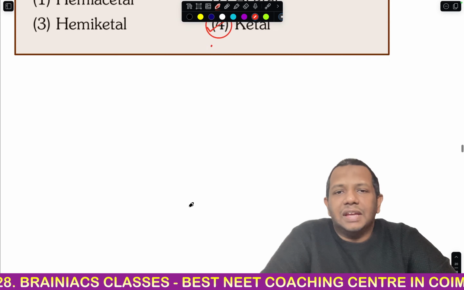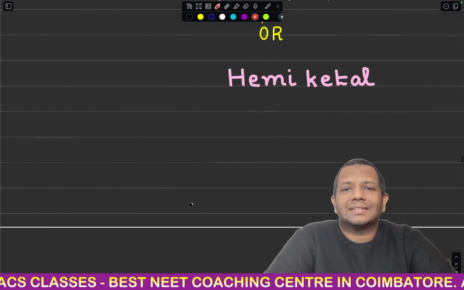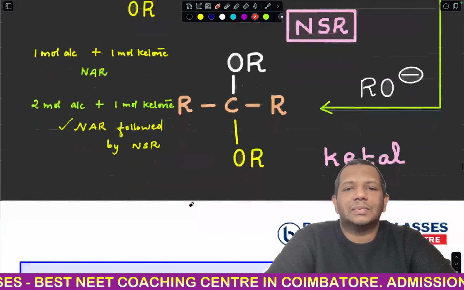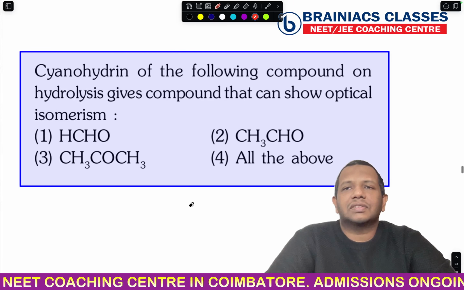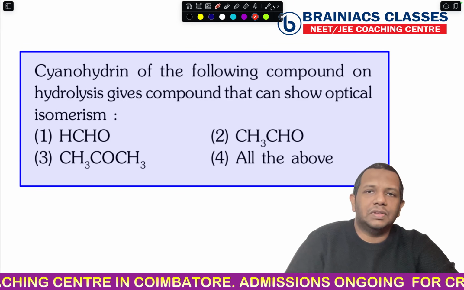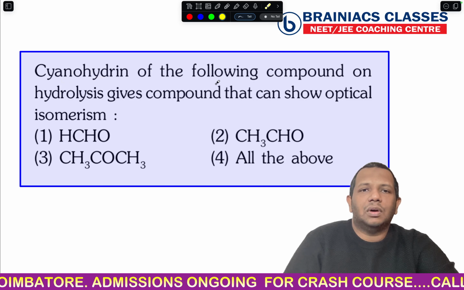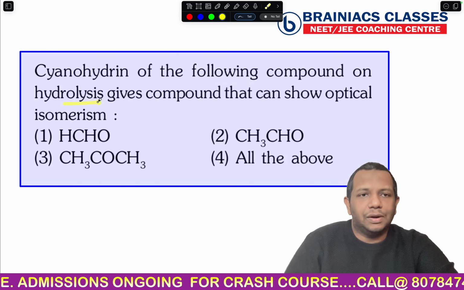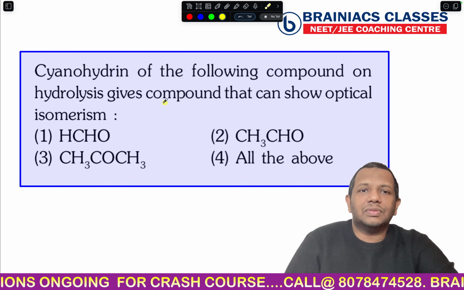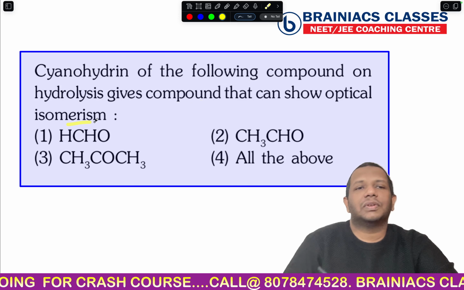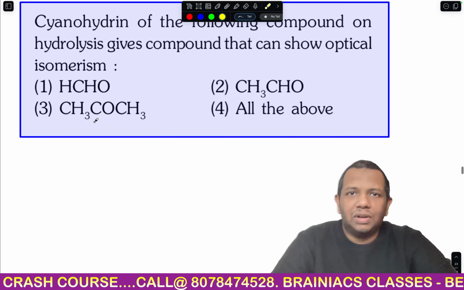Okay, let's go with the next concept, or next question. Yeah, we have the next question in front of you. All of you, please go through the question. The cyanohydrin of the following compound on hydrolysis gives a compound that can show optical isomerism. So what is the meaning of this question?